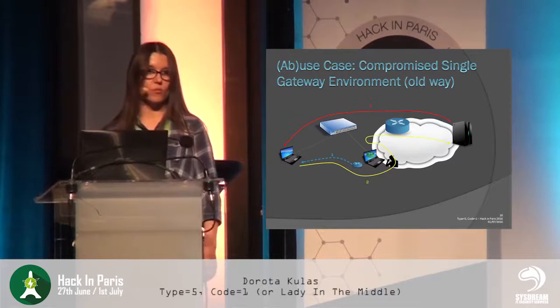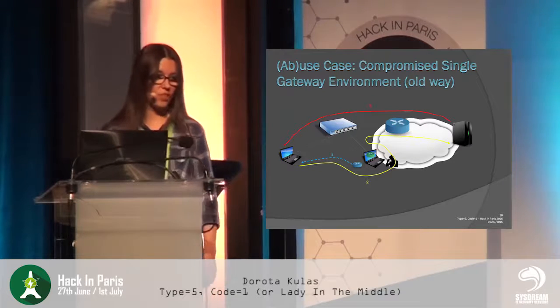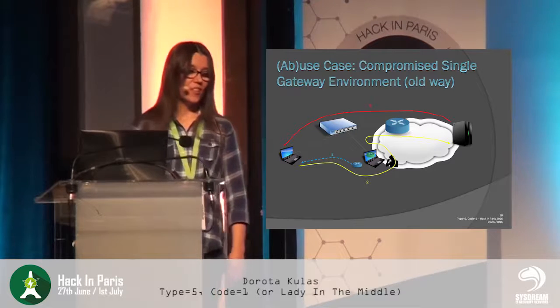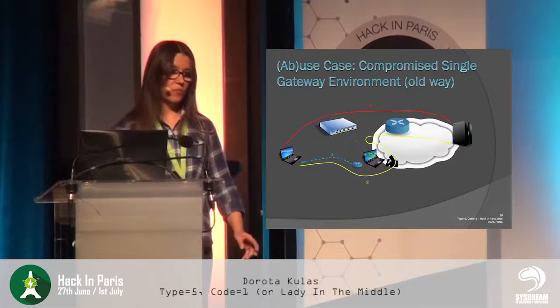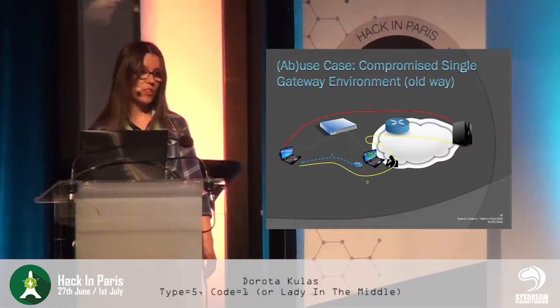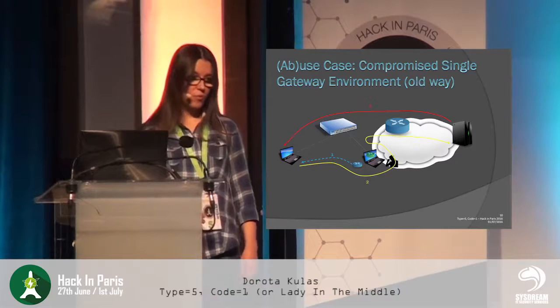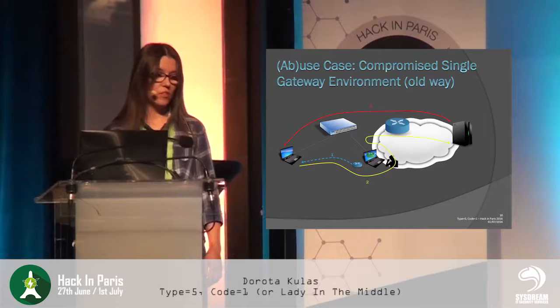In this scenario, the blue router would be the default gateway to reach this black server. So the attacker claims to be the blue router and sends the ICMP redirects, and the user OS happily installs the new route into the routing table. And right now, we can easily be man in the middle.